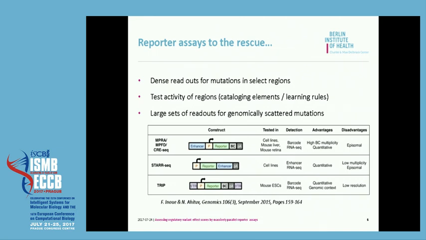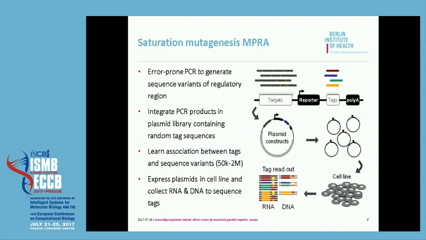So MPRAs allow us to test enhancers and promoters either as a whole element and reading out whether they are driving the expression of a reporter construct or not, or to which extent, better to say, or by testing individual variants, or by what I'm going to present you here, an approach where we're taking one element, we're generating variants on this element, and then we're testing these different haplotypes that have variants in a reporter assay.